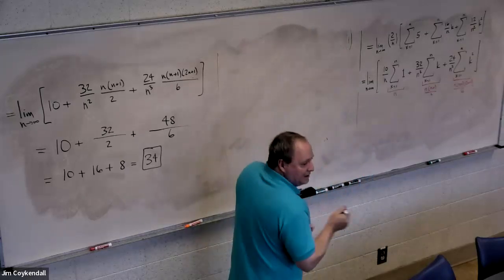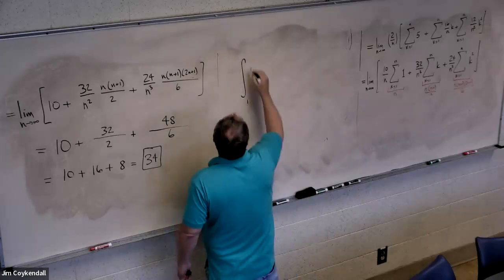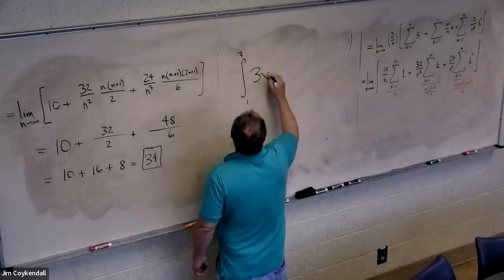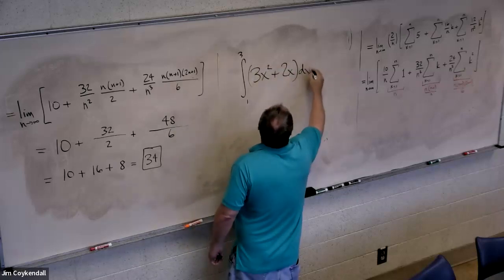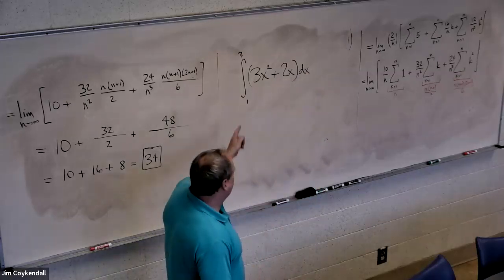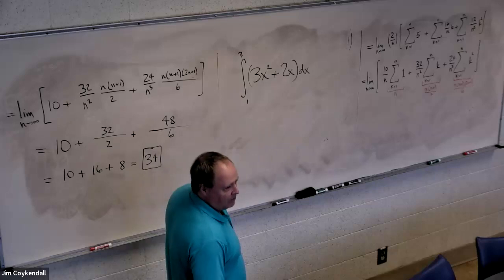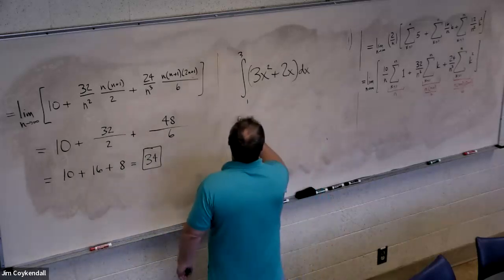Would everybody agree that the problem that we just solved was this? Asking for an area under a curve. That's what we just did, with all the limit stuff. We found that number. Use the fundamental theorem of calculus.